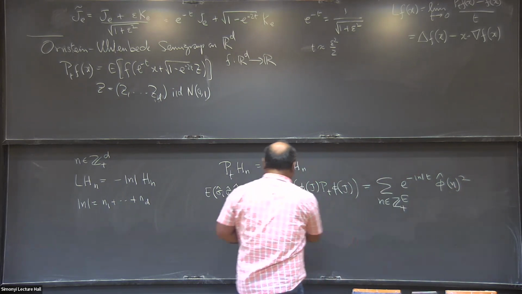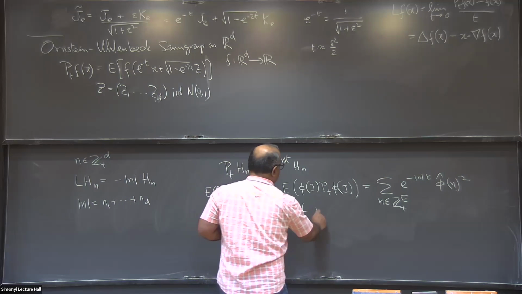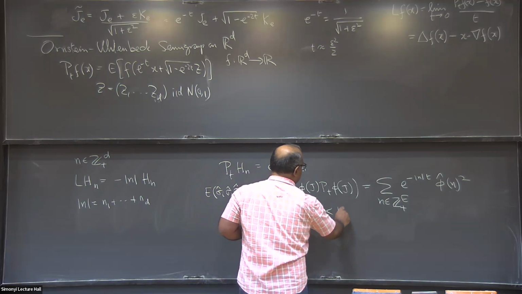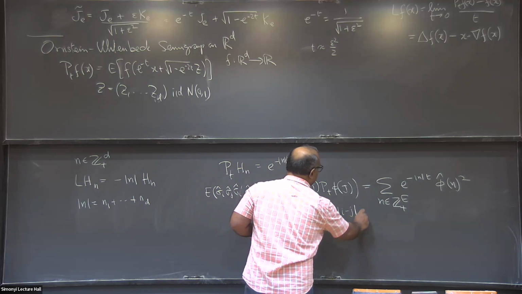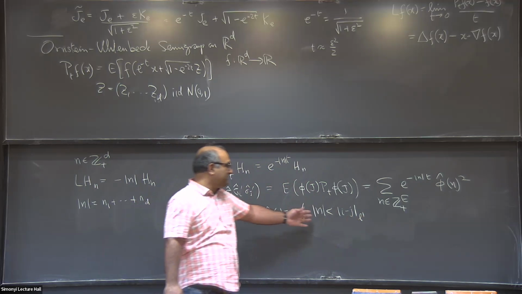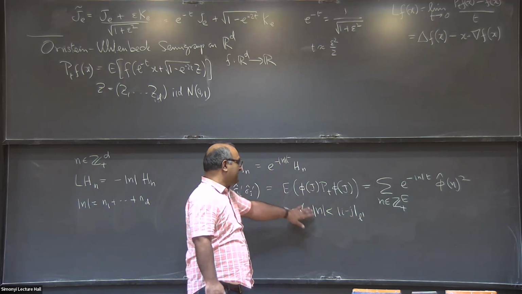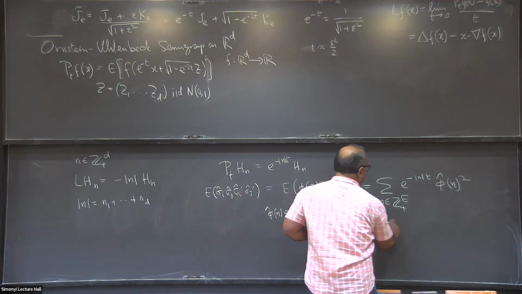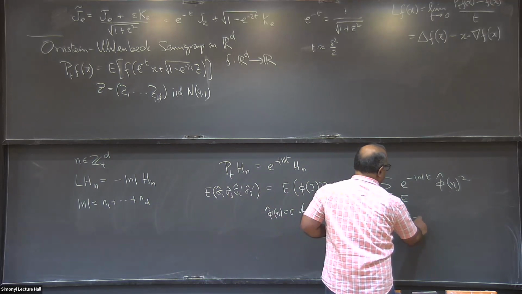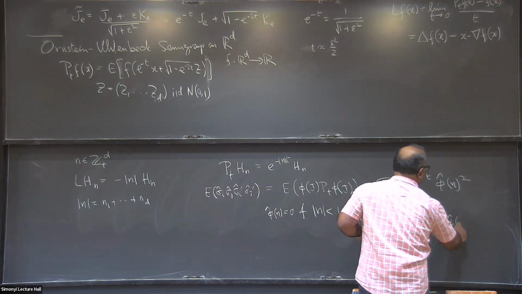And you know that phi hat n is 0 if the size of n is less than the L1 distance between i and j. If the number of non-zero elements is less than this, then phi hat n must be 0. So therefore, this thing is less than or equal to e to the minus the distance between i and j times t times the sum over all n of phi hat n squared.